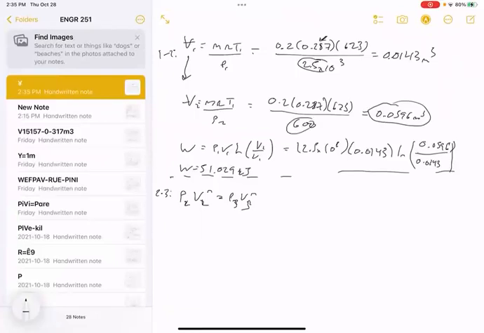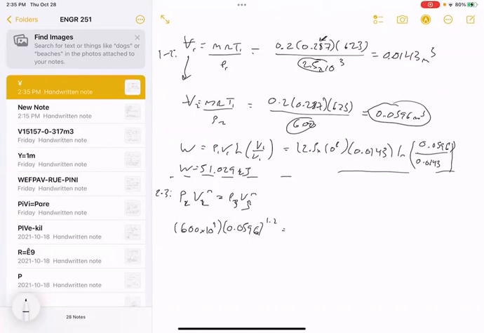So we know that P2, which is 600 times 10 to the 3 pascals, times V2, which is 0.0596, to the power of, in this case, N, they're telling us is 1.2, is equal to P3.